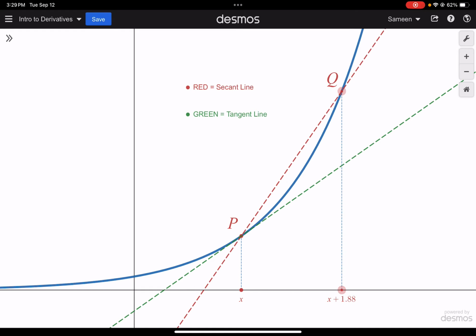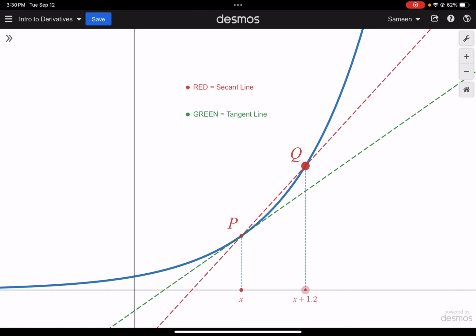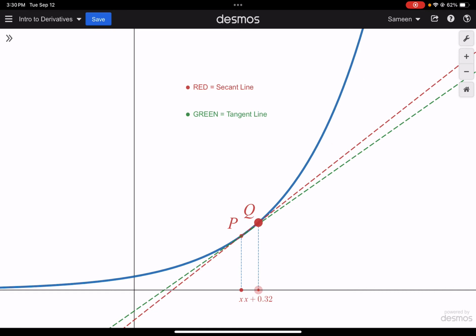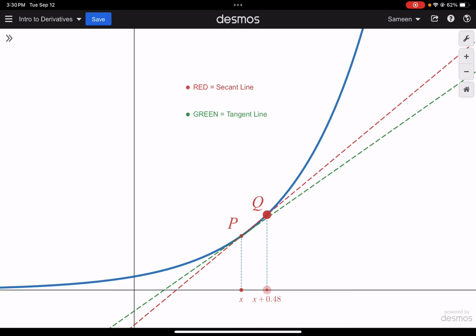Now take a look at what's going on with these two dotted lines. See, the red line is the secant line, and the green line is the tangent line. As point Q gets closer and closer to point P, see how that secant line begins to approach the tangent line. And if I could get them right on top of each other, they would be the same line.